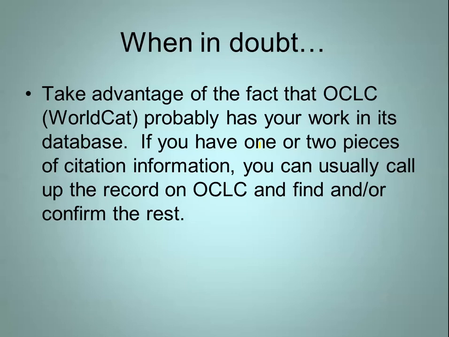Some cataloger has already done the work for you. So if you have one or two pieces of citation information, say the publisher and the author's name, or three pieces, the publisher, the author's name, and the date of publication, think about that WorldCat search engine. You can usually plug in that fragmented information that you have and find and/or confirm the rest.